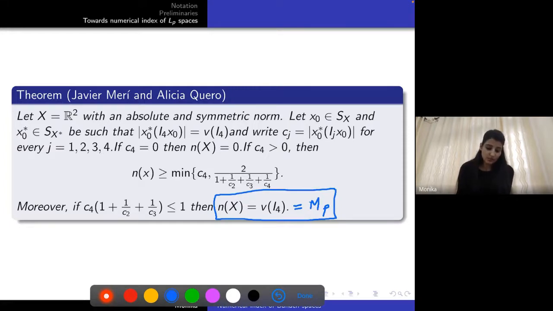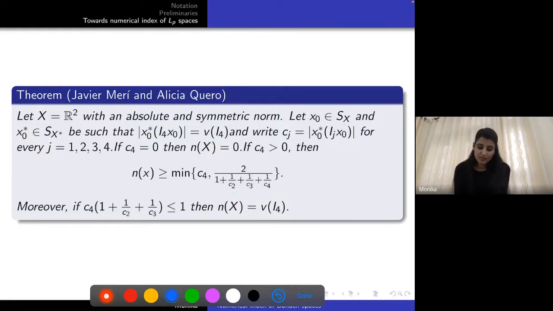So the most intrinsic part over here is we need to find a x naught and x naught star from the dual such that VI4 is the absolute value of x naught star I4 of x naught. This is the most tricky part.